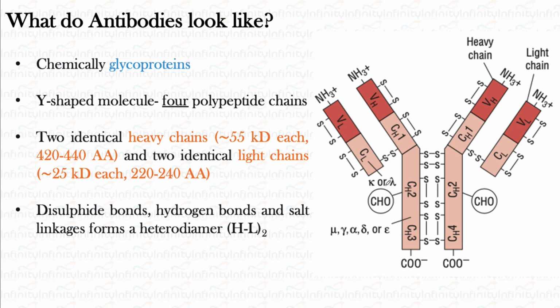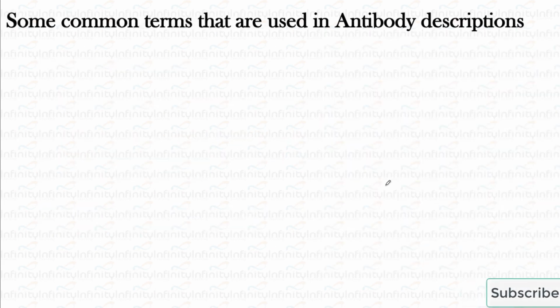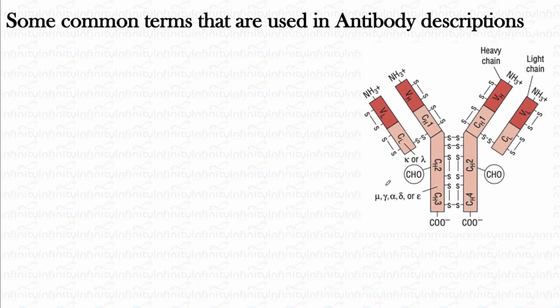With that information, let us discuss a little bit more about the structure of the antibody and some common terms associated with antibody descriptions. The first term that we commonly encounter is Fab domain. Now Fab domain is the part of the antibody that is responsible for binding with the antigen. It is this part.